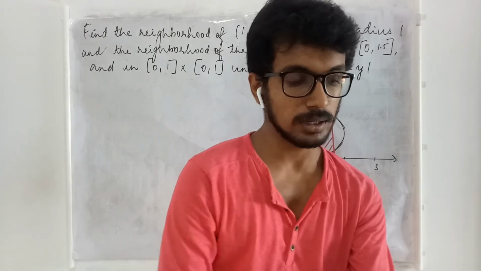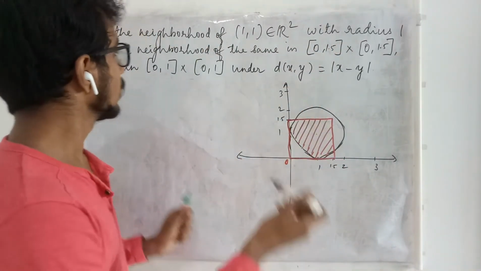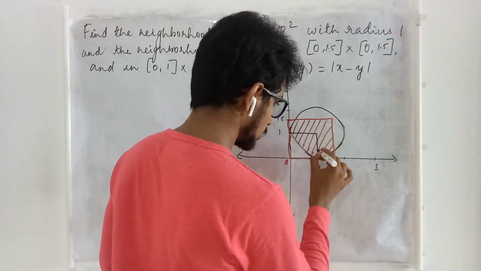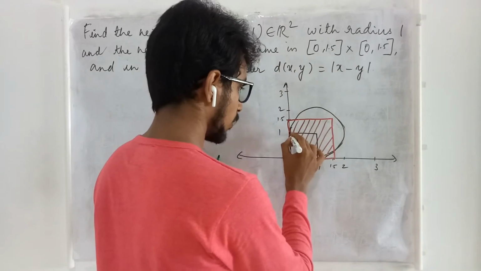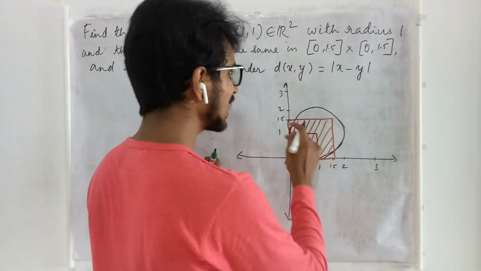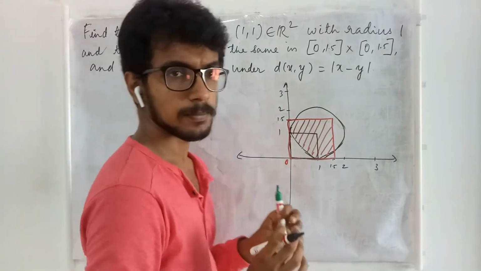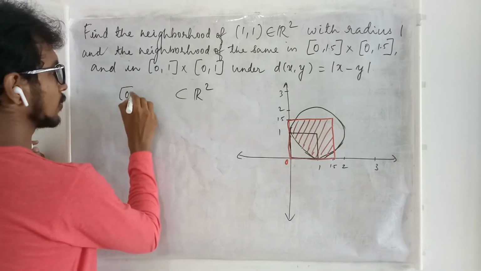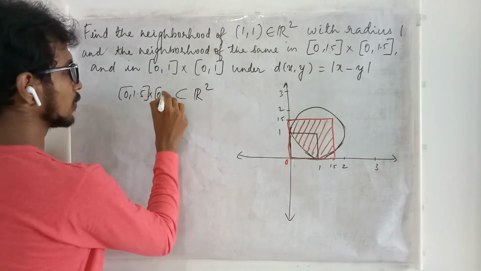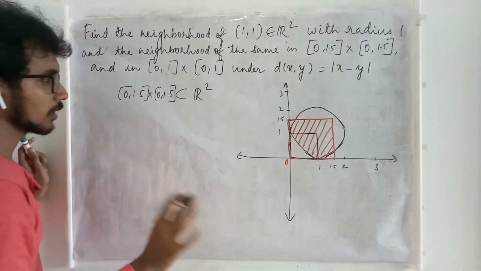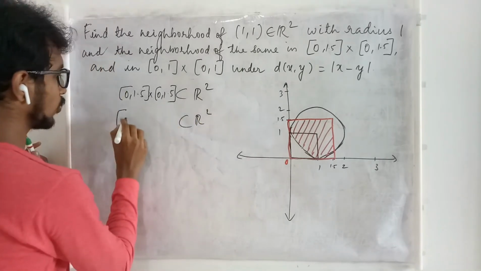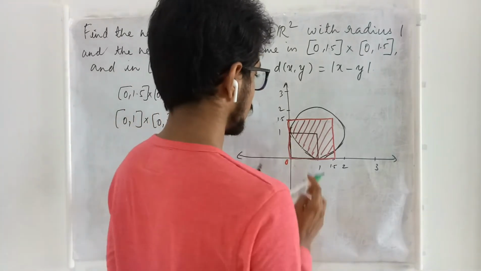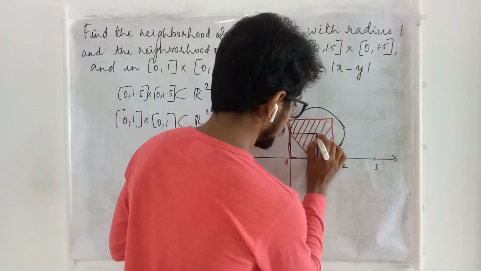Now it is also given that in [0, 1] cross [0, 1], so you are restricting your space to this, and the entire boundary is included in your submetric space, right? The first case that we have done is this, and now we are doing this case. Here in this corner, this is also included.